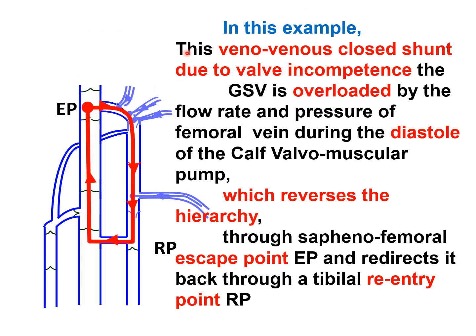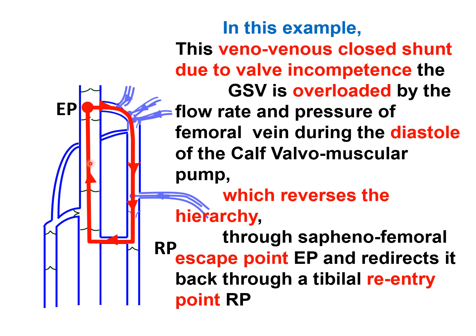In this example, this is a venous closed shunt due to a valve incompetence of the great saphenous vein. The great saphenous vein is overloaded by the flow rate and pressure of the femoral vein during the diastole of the calf valvomuscular pump, which reverses the hierarchy through the saphenofemoral escape point, EP, and redirects it back through the tibial reentry point, RP.